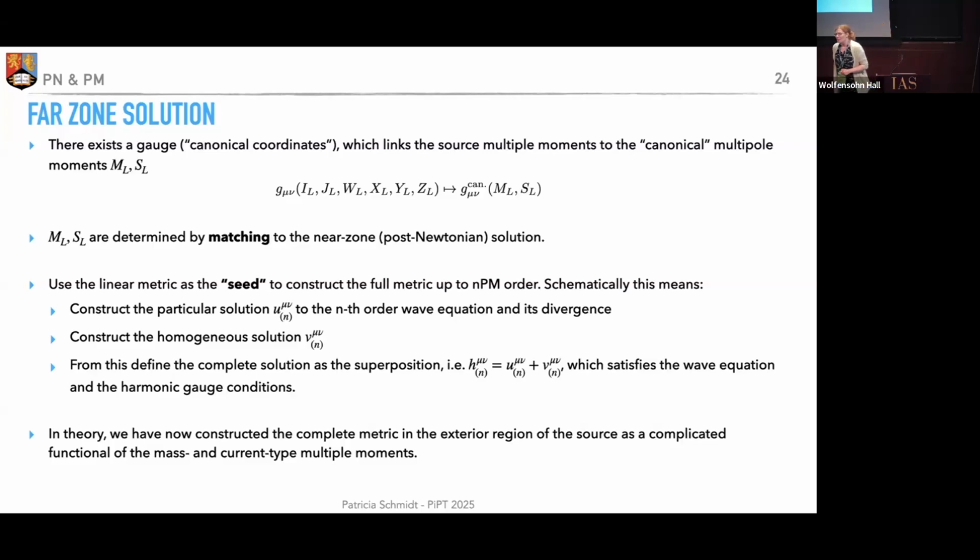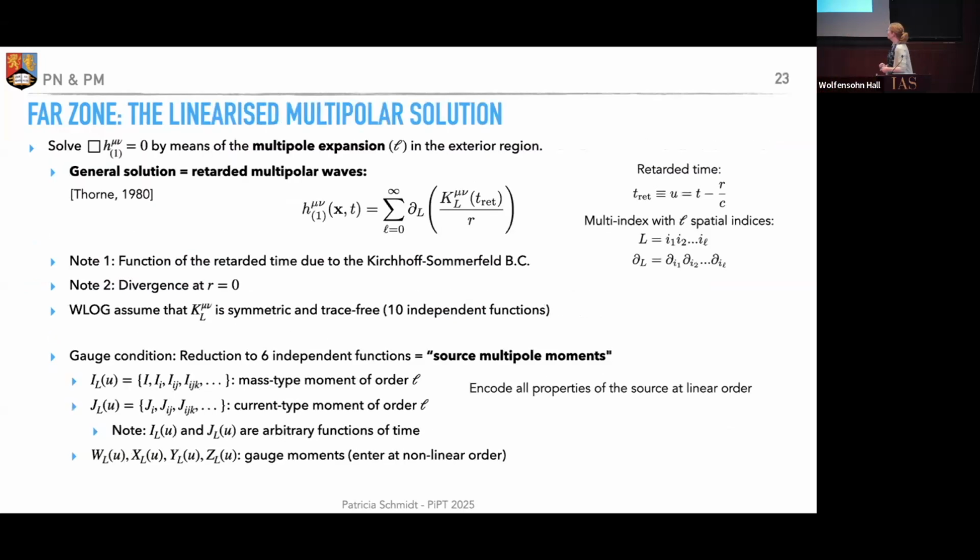That was a question. So how did the gauge moments arise? Yeah, so there's a gauge freedom you have when you write these down explicitly, and when you apply it and work it through, it turns out that you can literally make them zero. All the other ones, the W's, X's, Y's, and Z's, become zero, and the only ones that are remaining are these I's and J's, but not in the form of I_L and J_L in this form, but slightly modified, and that's what these canonical moments are.